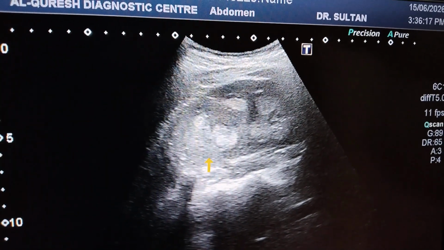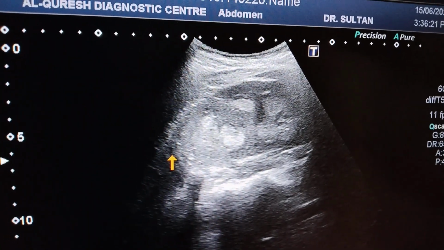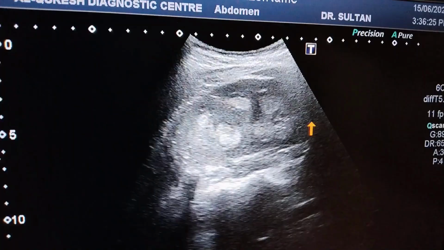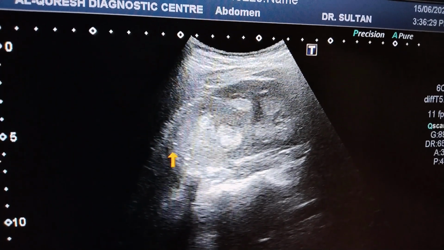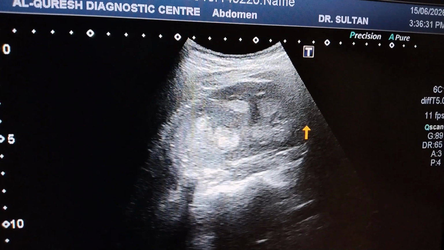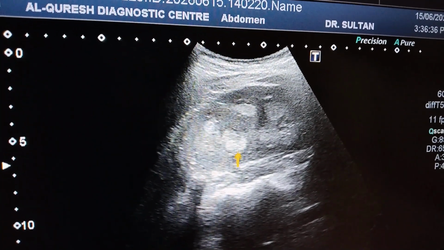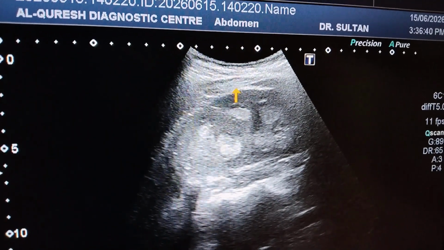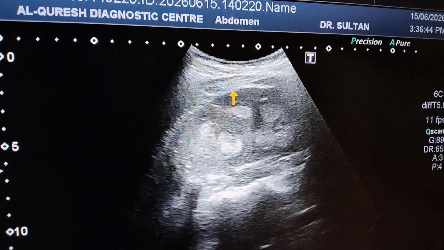Here we can appreciate patient is in the right decubitus position, and this is the right kidney. This is the upper pole and this is the lower pole of the kidney, and in between two poles this is the mid pole. Radiologically it is called interpolar region.